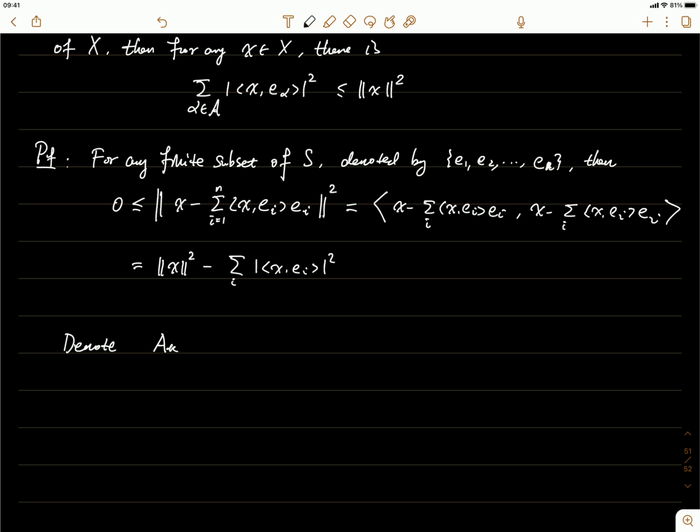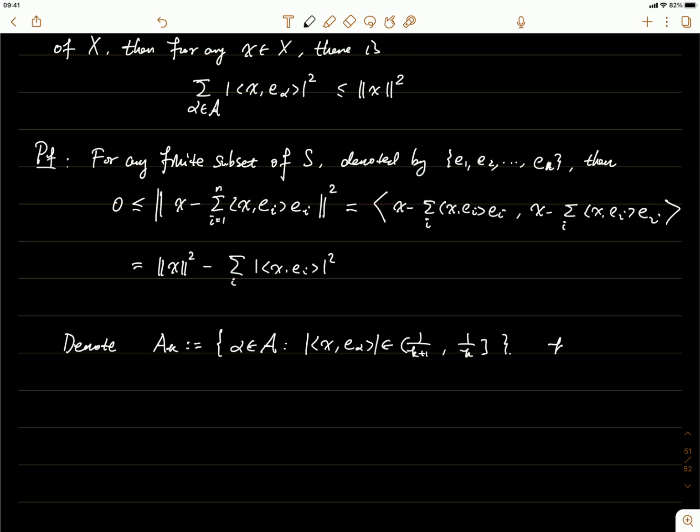What this A_k is, it is a set of the index alpha such that the inner product of x and the E alpha is between 1 over k plus 1 and 1 over k. Okay, this is for each A_k. So let's take an absolute value.